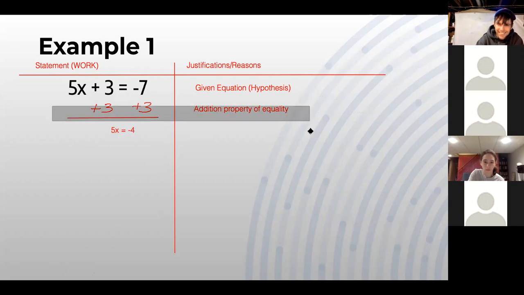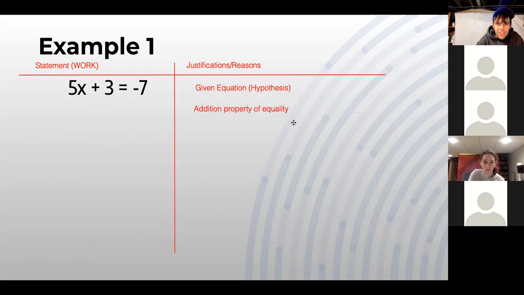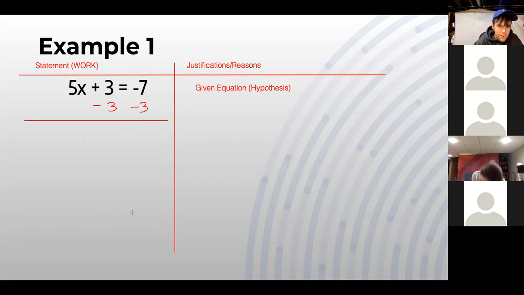For some reason, I was reading this totally wrong. Okay, let's do it correctly. Thank you for catching it. Minus 3. Because we are not going to be adding 3 to get rid of that. We are going to be subtracting to get rid of that, which leaves us with 5x equals negative 10. That is our resulting equation there, right?